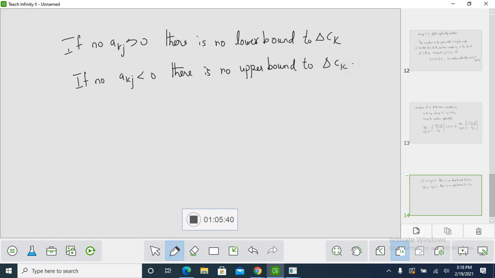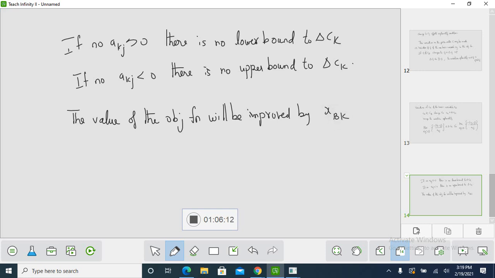The value of the objective function will be improved by what quantity? It will be improved by xpk into delta cbk.